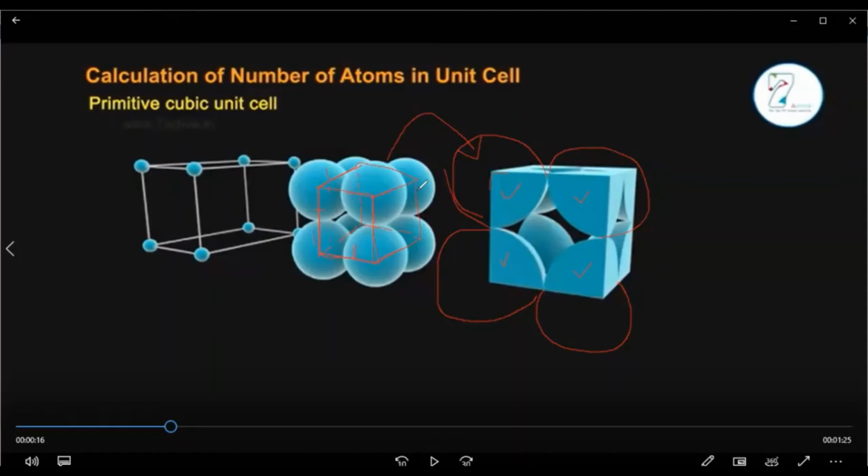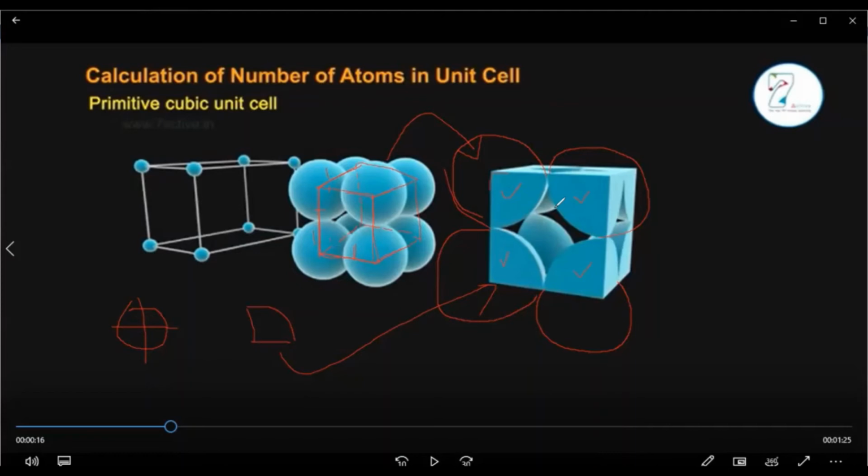Or else if you don't have 8 limes, you can do one more thing. You take 1 lime and cut it into 8 pieces. 8 pieces means each piece should have a shape like this, okay, and arrange them in a way like this, and then you draw a cube beside that, right, and then calculate how much space is occupied by the lime and how much is the empty space.